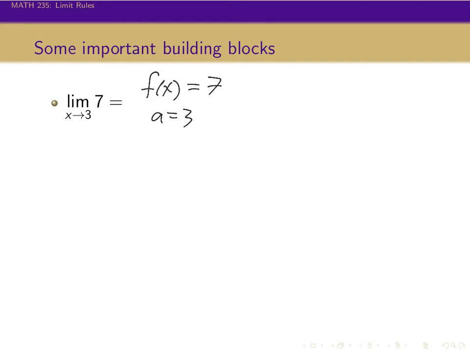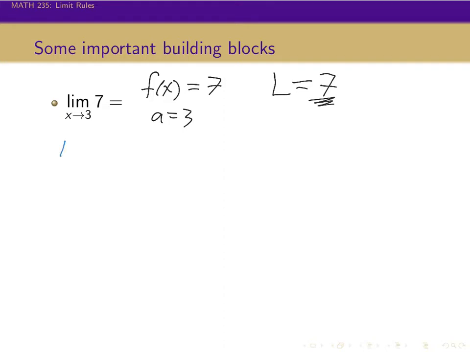So what do you expect is going to happen to a constant function as you move around the x values? Well, the whole idea of a constant function is that it doesn't change. And so what would we expect our limit to be here? Well, we'd expect our limit to be 7, because the function is always 7. So let's see if we can verify this rigorously.